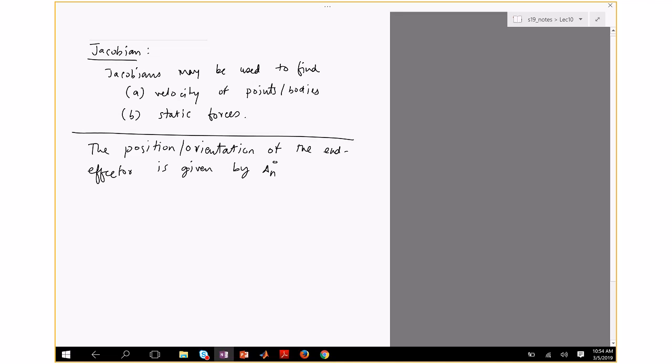Remember, if you go back to this part where we talked about DH, you first put frames, you wrote the DH table, then you found A_N^0. And A_N^0 is a function of the link degrees of freedom, so either prismatic or revolute. Prismatic would be d's, and revolute would be thetas.